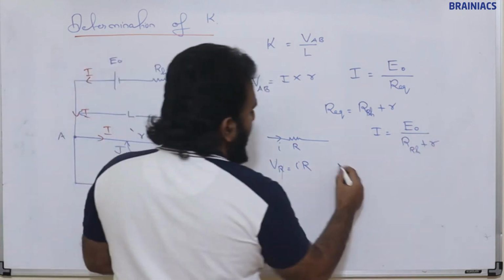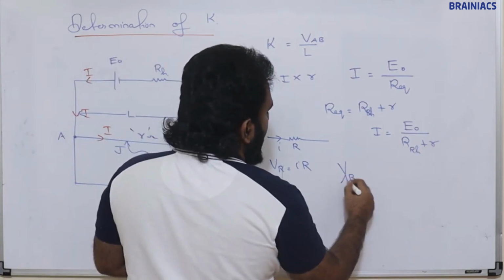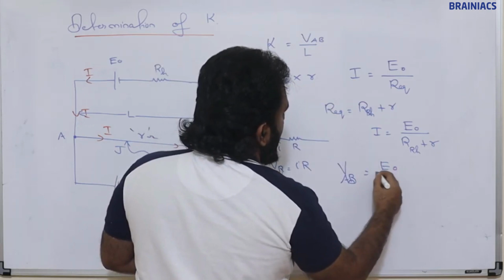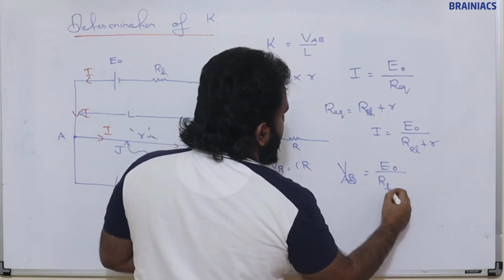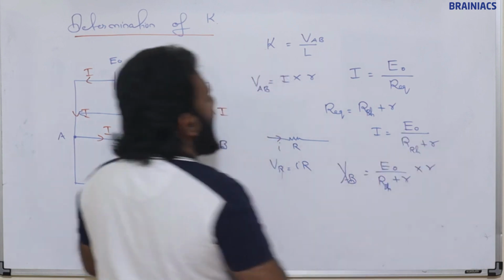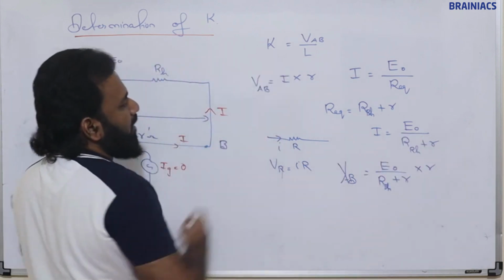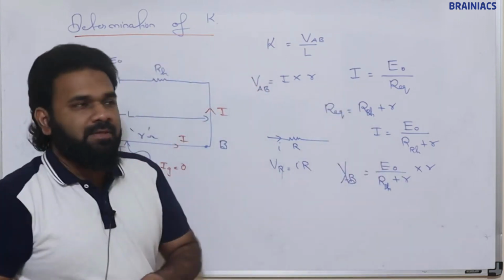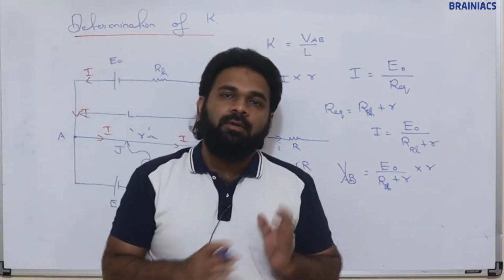So VAB is equal to I into r, meaning E naught by (rheostat resistance plus r) into small r. So K is nothing but this whole thing divided by L. Likewise, we need not memorize this.